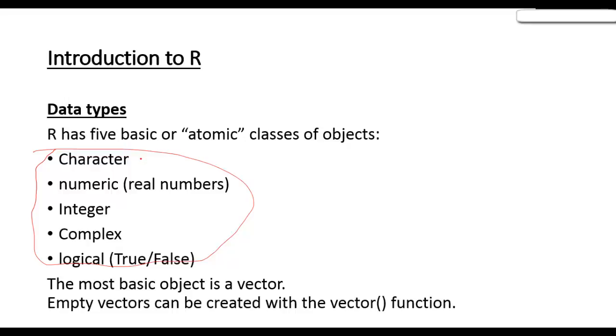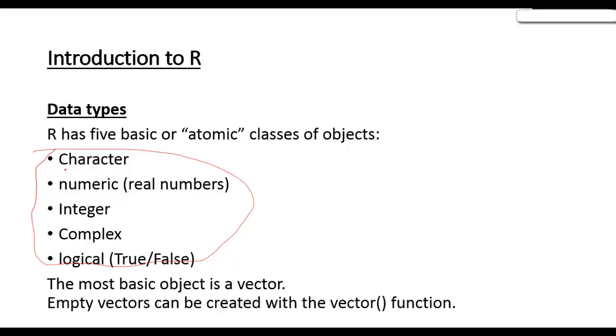Mainly the data that we receive from several sources is in the form of either character or numeric. Considering mathematical complexity, we might have to deal with complex numbers, so there is a complex data type, and obviously the famous boolean data type under the name of logical.